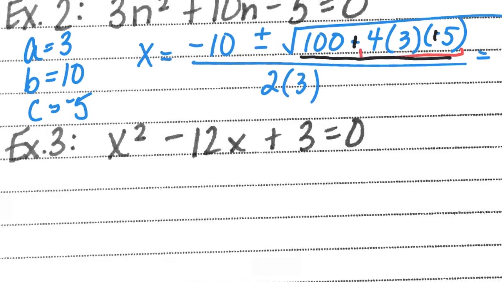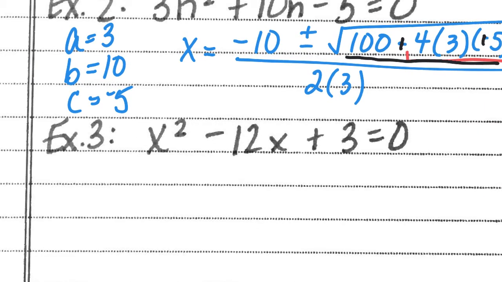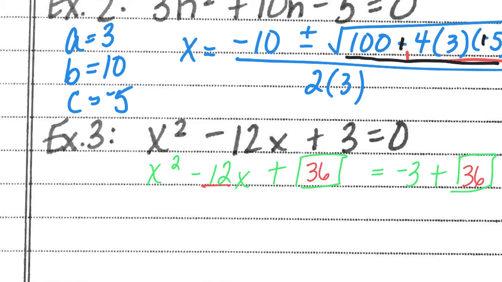For this one, example 3, I would probably complete the square. We know to complete the square, we want to get the x's alone, x squared minus 12x, and bring the 3 over by subtracting it. We're going to complete the square. Half of negative 12 is negative 6 squared is 36. What I add to one side, I add to the other. And now we're back to those perfect square roots.